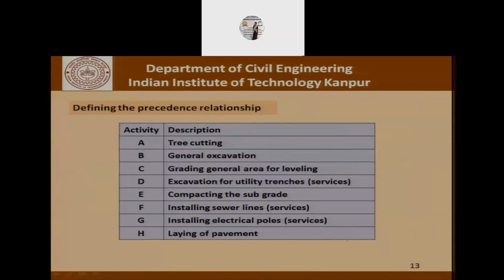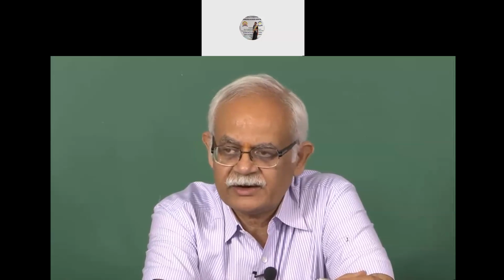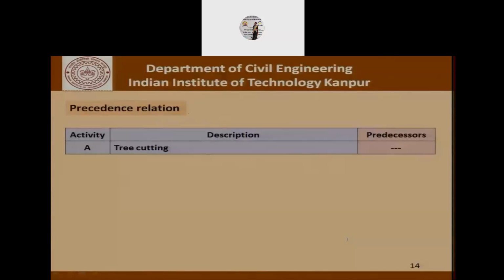So going back to the previously defined 8 activities, now let's try to see what is the precedence relationship. What is the kind of relationship that governs one activity with respect to the other? Now, as far as tree cutting is concerned, it does not require any preceding activity, except of course, what it assumes is that something called land acquisition has already been completed.